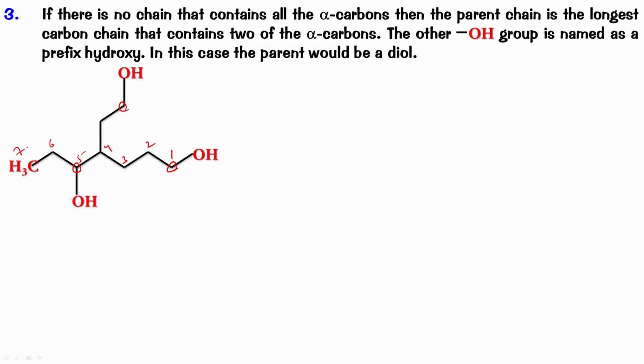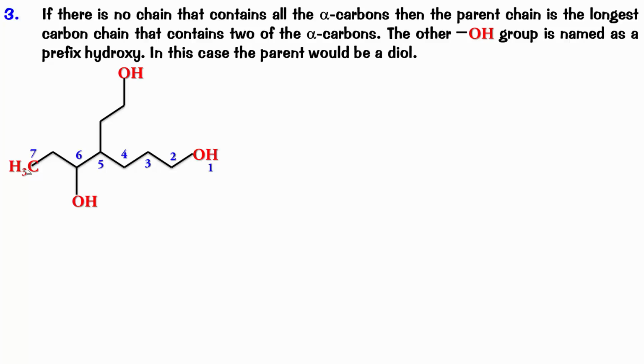And if I number it like this, 1, 2, 3, 4, 5, 6. It's only 6. So this one doesn't work. 1, 2, 3, 4, 5, 6. So there is only one chain that contains 7 carbon atoms, including the alpha carbons.